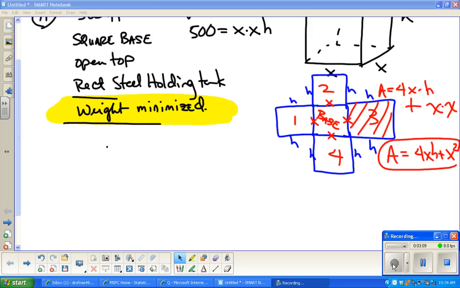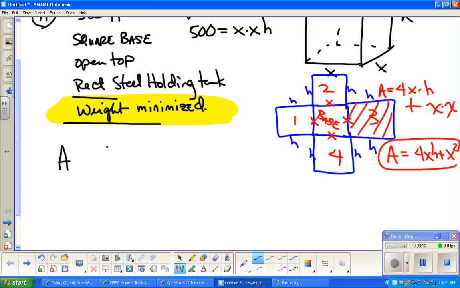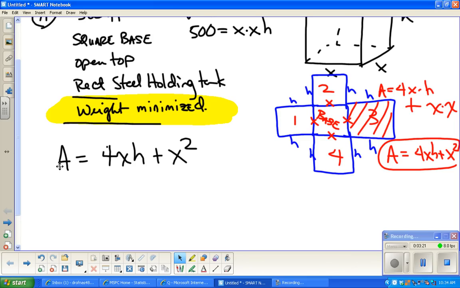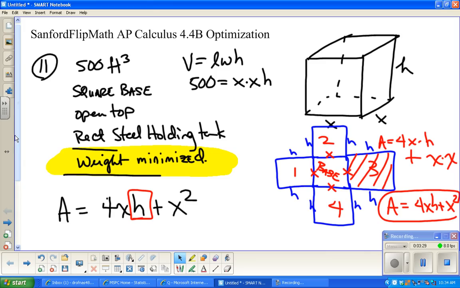So we have an equation that we want to minimize, but the problem is that I have too many variables. I need to get the h out of here. Let's go back to the volume for a second.